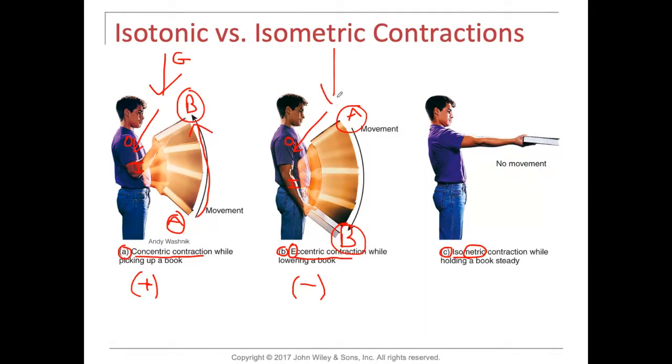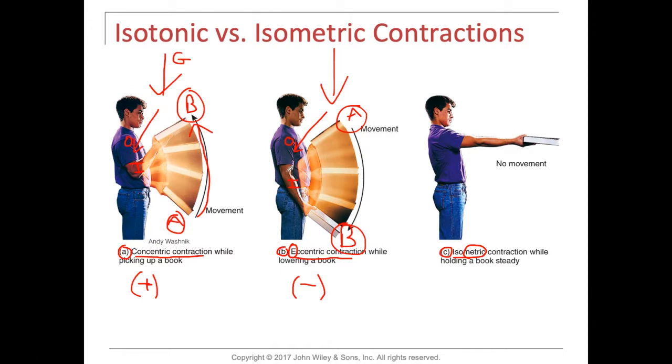So remember, gravity is working down. Now we're lowering the resistance or the load or the weight, and you're lowering it slower than the rate of gravity, which means you're controlling that. And the muscle here, the biceps, is getting longer. It's elongating. And when I say elongating, it's really going back to its resting state, right?